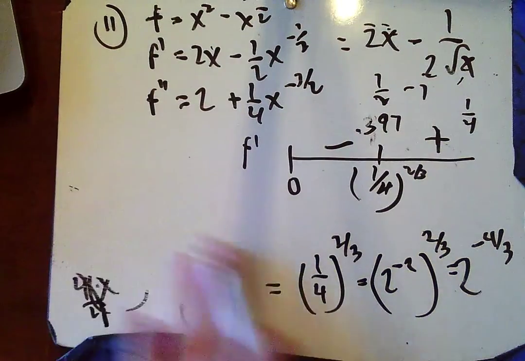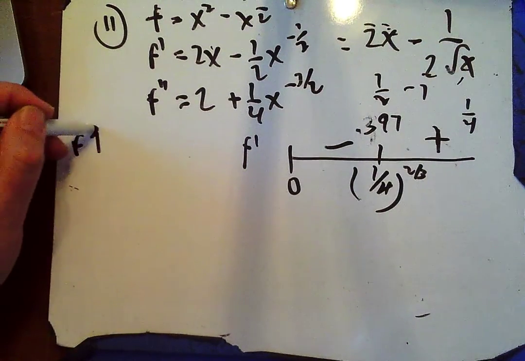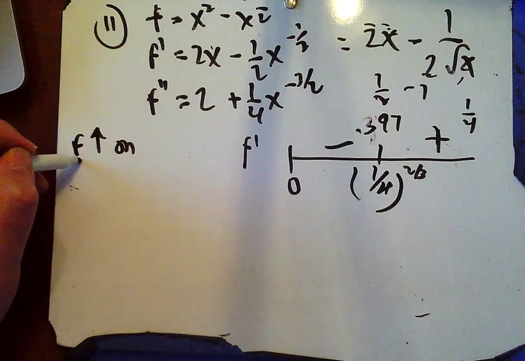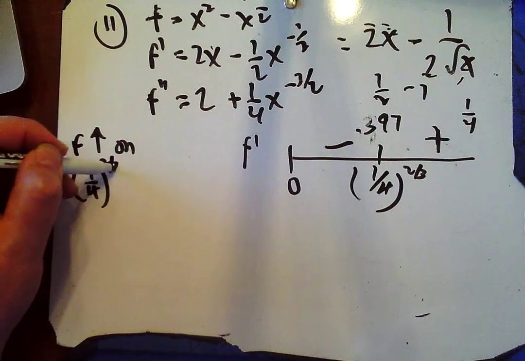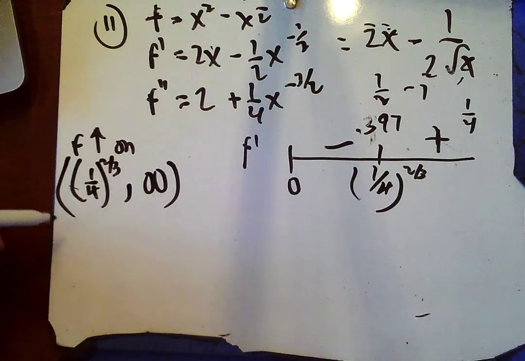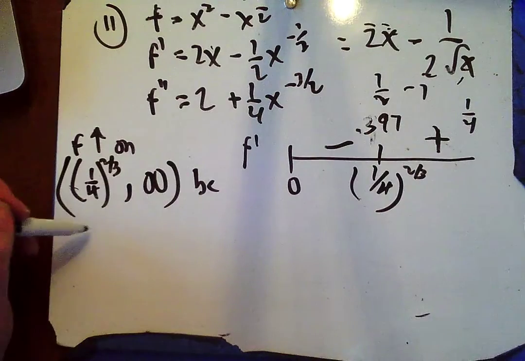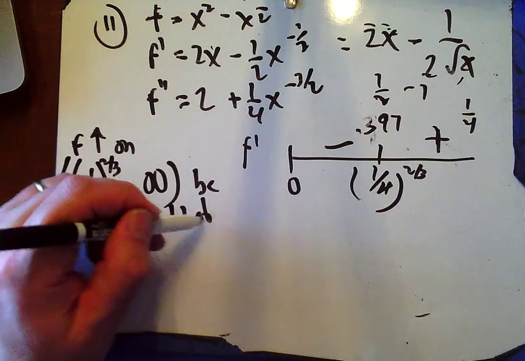I can say that f is increasing on 1/4 to the 2/3, comma, infinity, because f prime is greater than 0 on that interval.